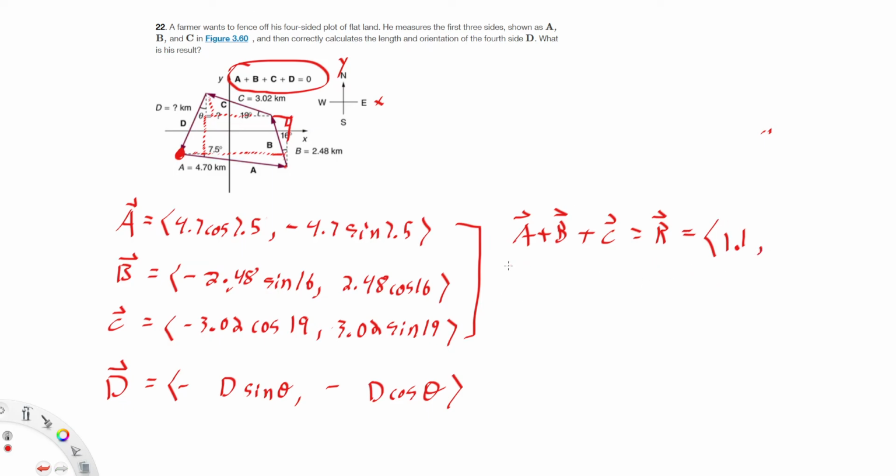So after we've gone through sides A, B, and C, we've gone a net 1.1 kilometers in the x direction. We started our journey at the beginning of A, like the intersection of A and D here.